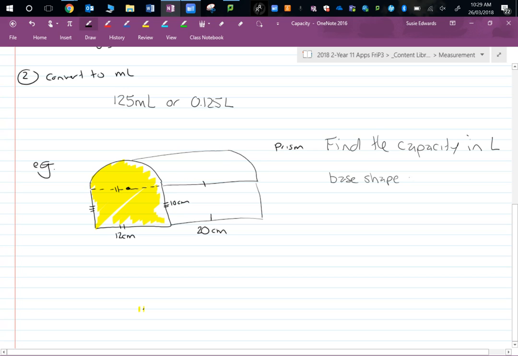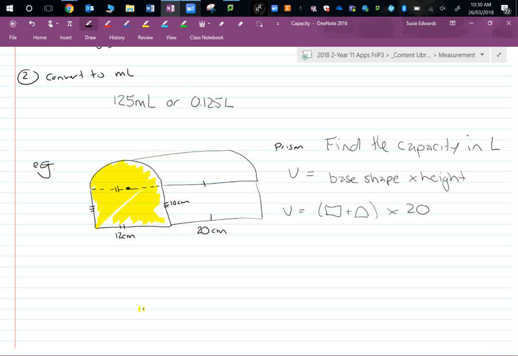Hemisphere. Perfect, thank you. All right, so to find the volume, we're going base shape times height. The base shape is a rectangle plus a hemisphere. And then we need to times it by the height, which we know is 20. But we need to find the area of the rectangle and the hemisphere.